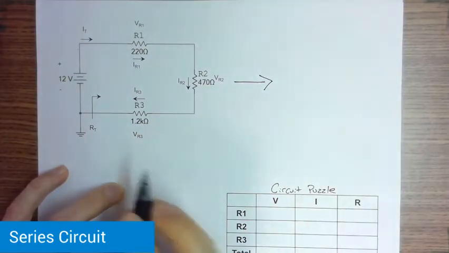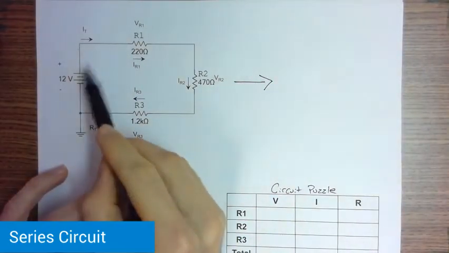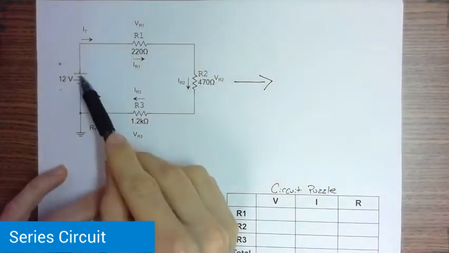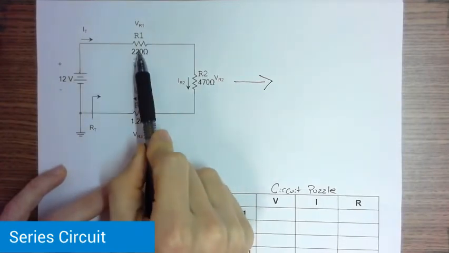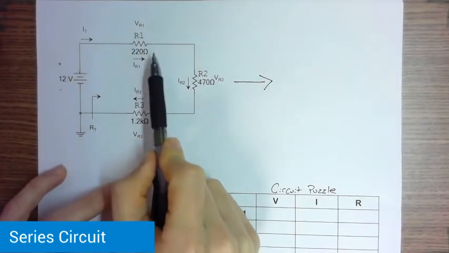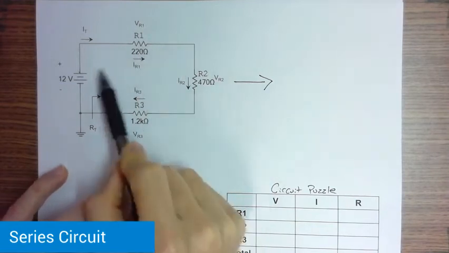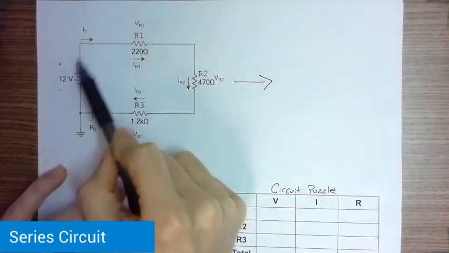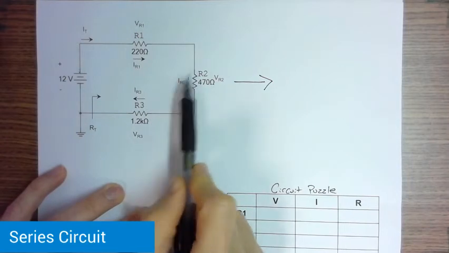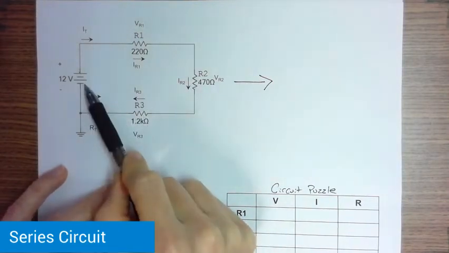When we collapse the circuit, let's pretend this is a traffic jam. We're going from work and we want to get home. If this is our path to take, each one of these resistances is like a little traffic jam or stoplight. If we are these little cars leaving, we have to go through this one and this one and this one in order to get home.